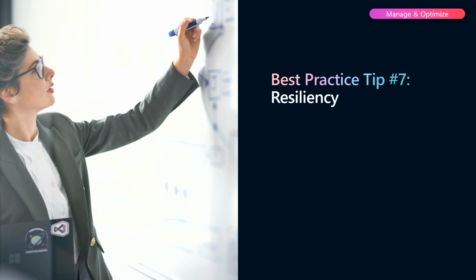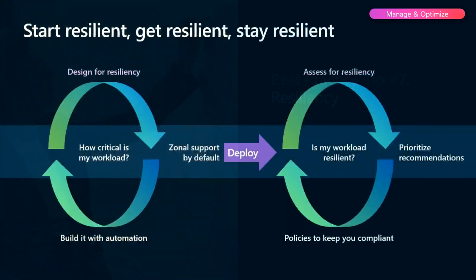So we couldn't be zonal redundant on some of the things we've done, and now we have to go back and make it zonal redundant. Well, now we have a planned outage to deal with, and nobody wants to deal with planned outages. So making sure you've done resiliency is really important.